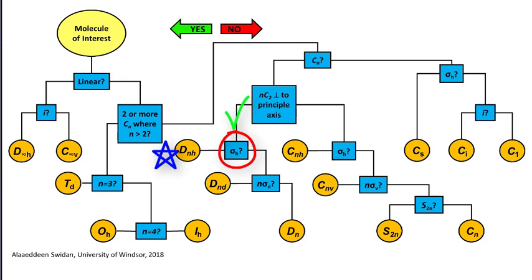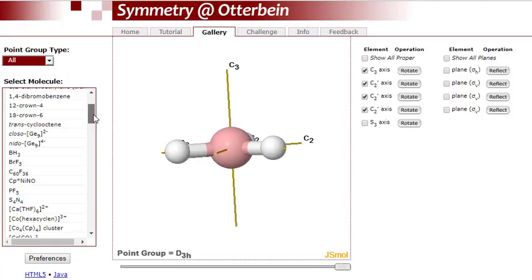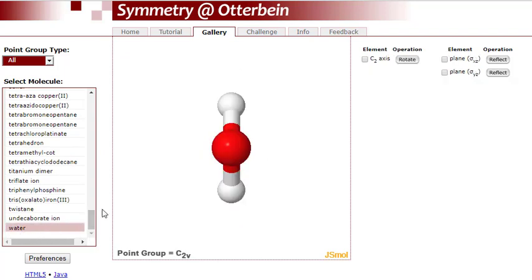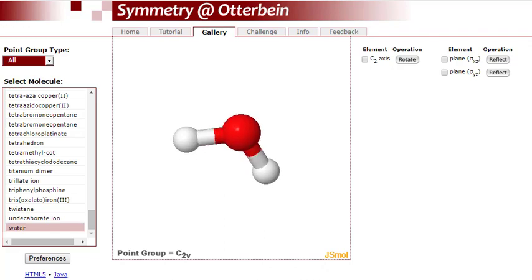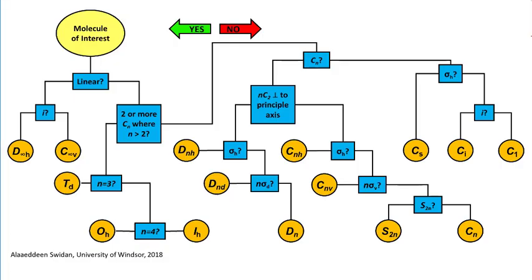Now, let's take a look at water, for example. So what if we have a water molecule? Okay, so we have water here. Now, let's do the same thing and follow the chart. So first of all, we know that this is not a linear compound.